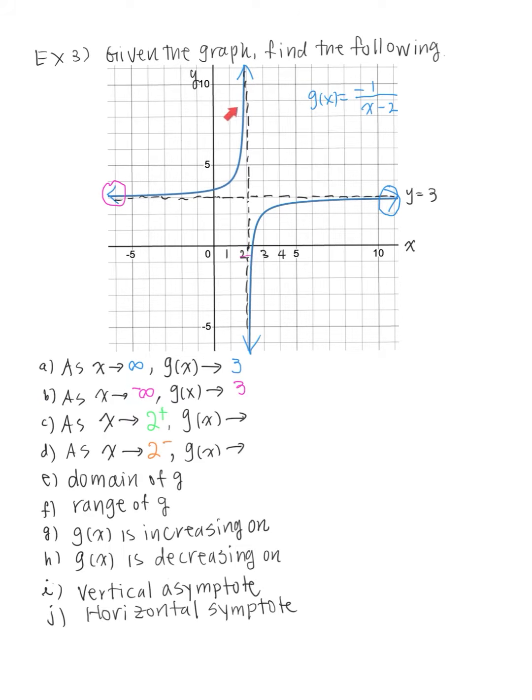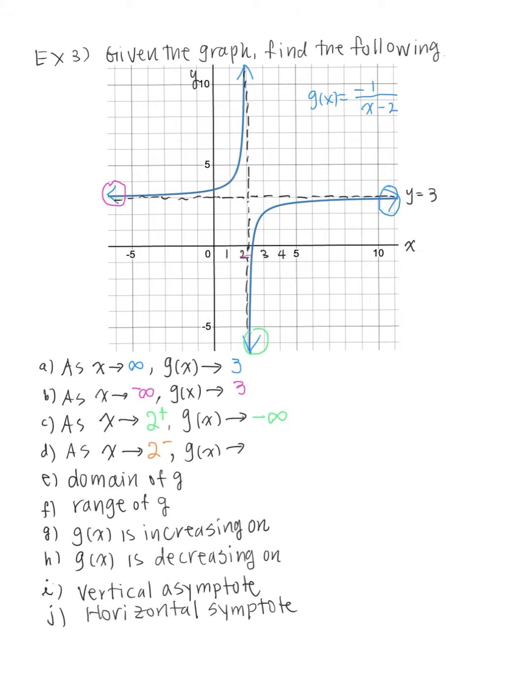So just forget about this side for now. Let's just focus on the graph that's defined on quadrant 4. As x approaches 2 from the right, where is the tail end of the graph going? Negative infinity. So g of x is going towards negative infinity, and the tail end that we just analyzed was this piece right here.